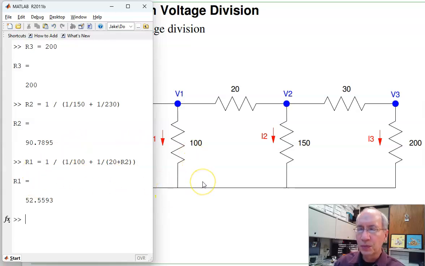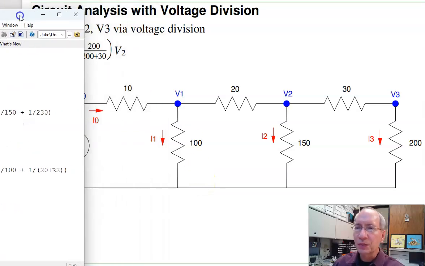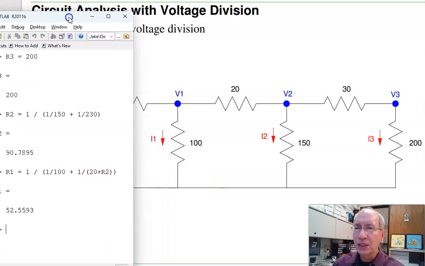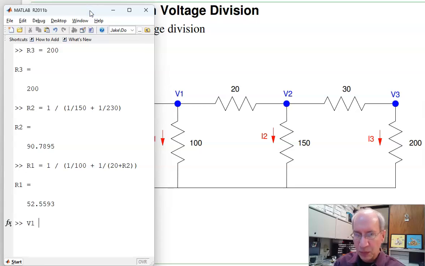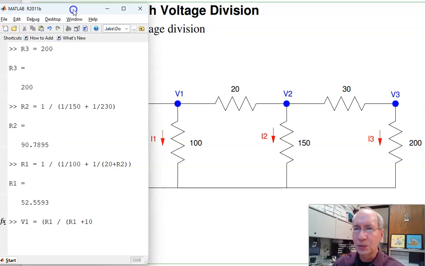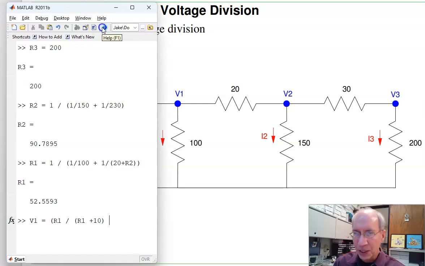52 ohms. Now I can use voltage division. So that's 10 volts, 10 ohms. I know that V1 is what I'm measuring, R1 over the total, R1 plus 10 ohms right there. That percentage of 10 volts.